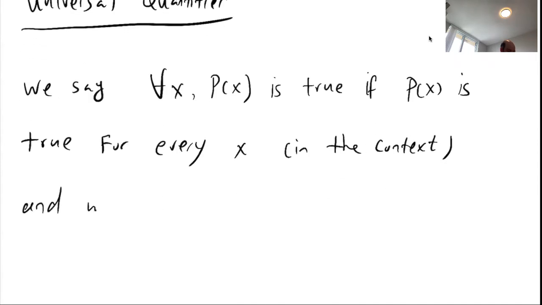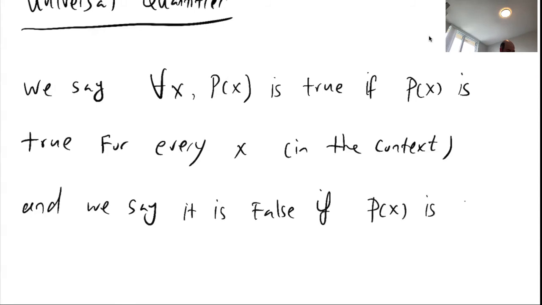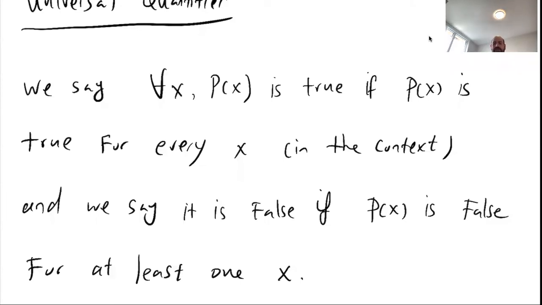And we say it is false if p of x is false for at least one x. Okay, so first of all, normally we have a statement depending on x. Now, this x could be numbers.